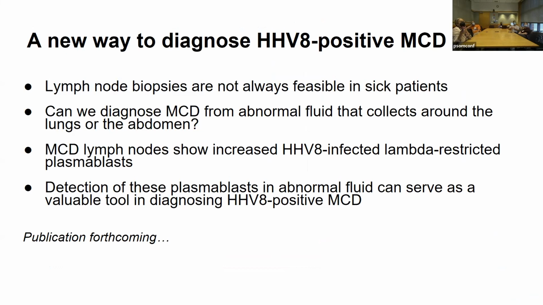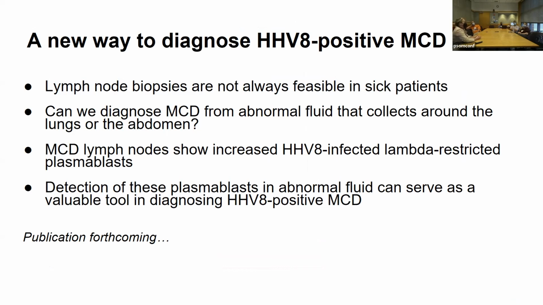We've also been working for a while on alternative ways to diagnose Castleman disease. Like you were saying, Kent, a lot of patients have fluid around their lungs. Currently you have to do a lymph node biopsy to diagnose Castleman disease.